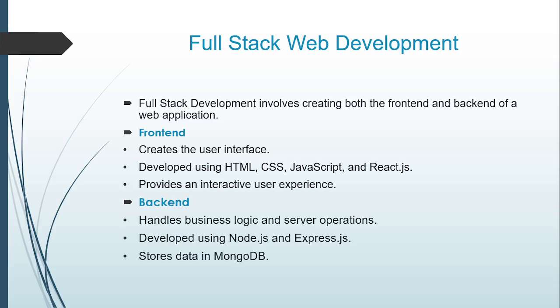The backend handles business logic, API requests, authentication, and communication with the database. It is developed using Node.js and Express.js. For storing application data, MongoDB is used as the database. Together, these technologies create a complete web application.